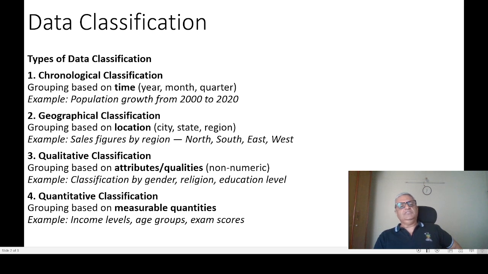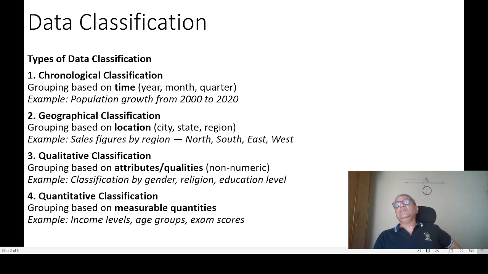Geographical classification is grouping based on location. Location could be city, state, region, zones, countries. From an organization analysis perspective, one would like to know what the sales figures are state-wise for their products, right?